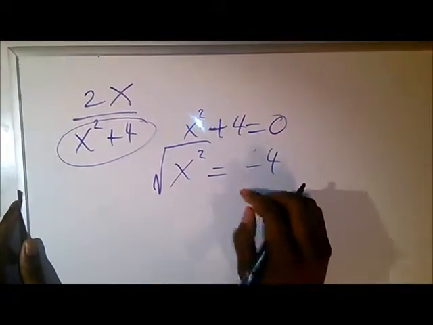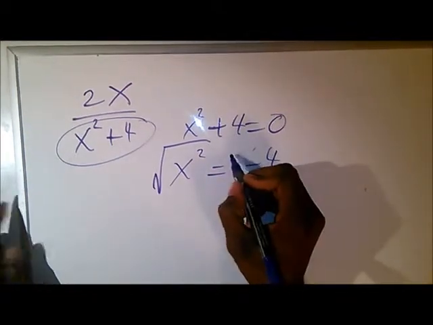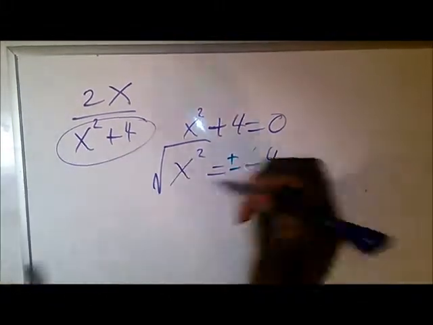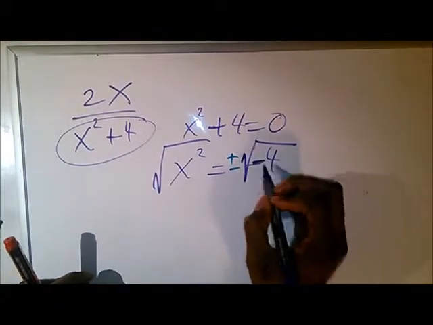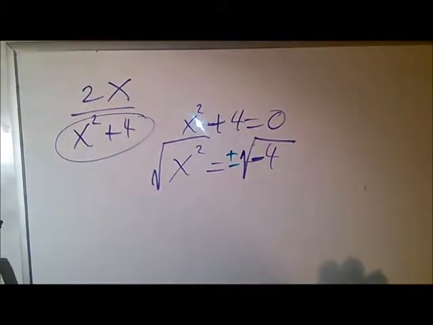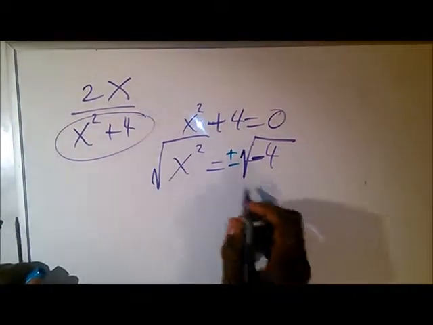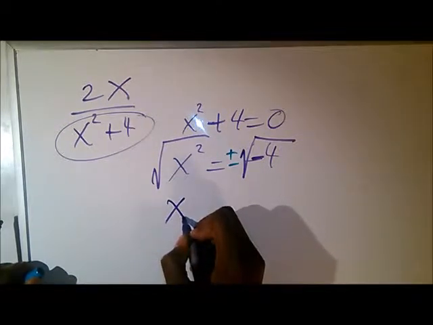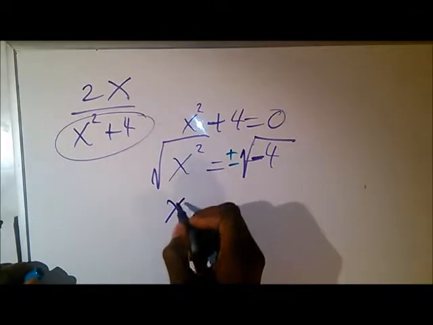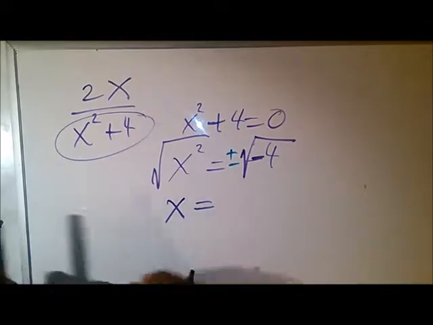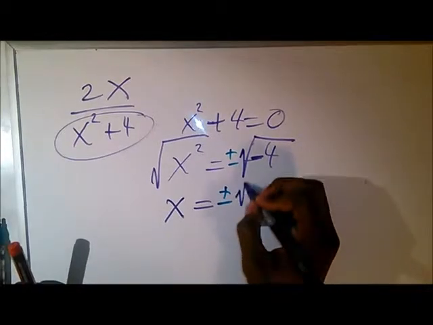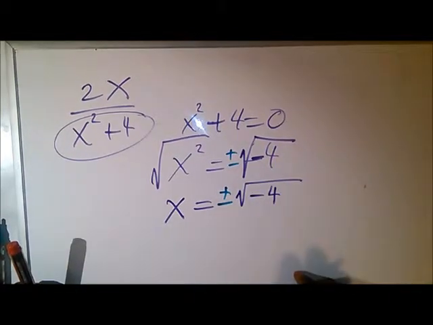Remember, when we square root both sides, we have to have plus or minus the square root of the number on the other side. So x equals plus or minus the square root of negative 4.